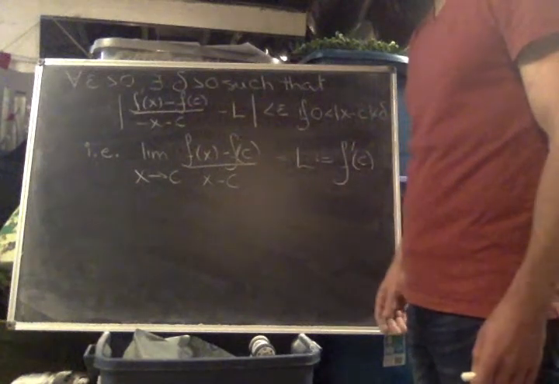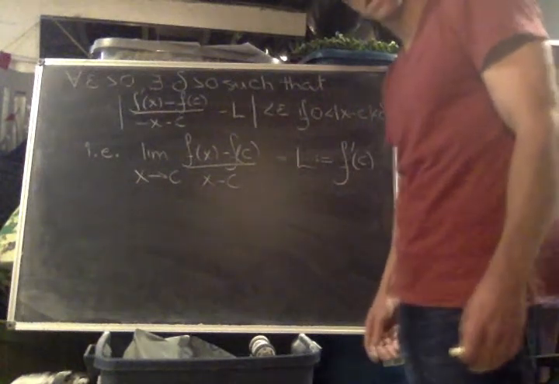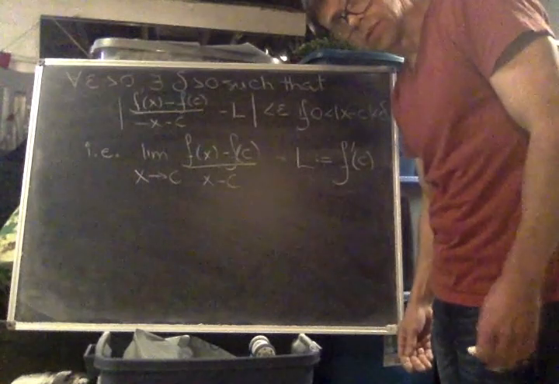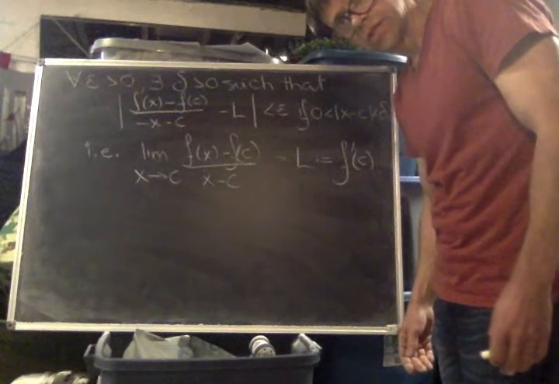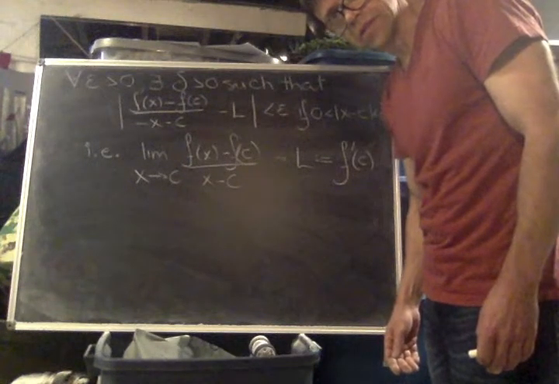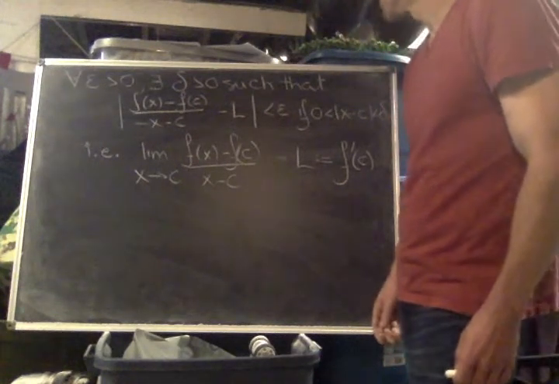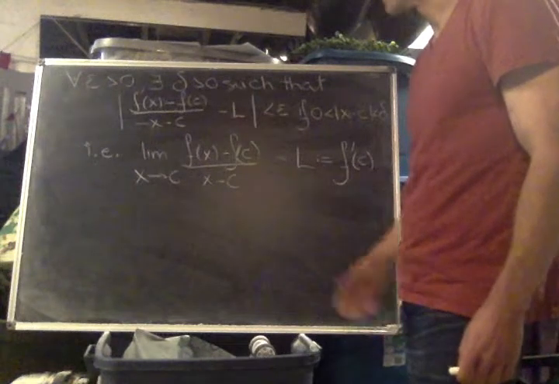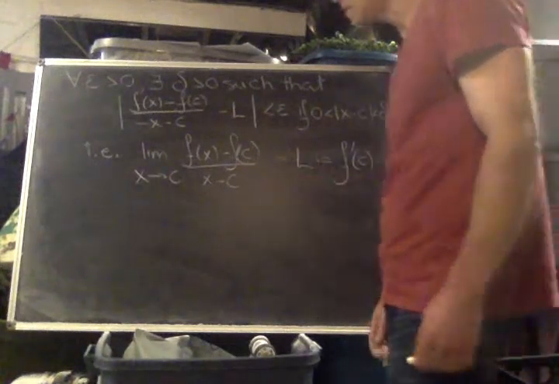It's the difference in y values divided by the difference in x values, and it's the slope of the secant line, which connects x comma f of x to c comma f of c. Okay? All right, so there you have it, the derivative.